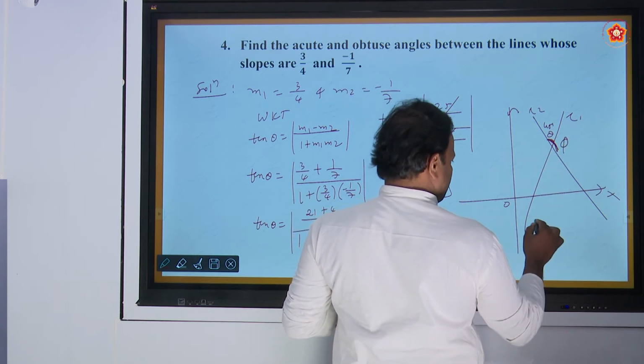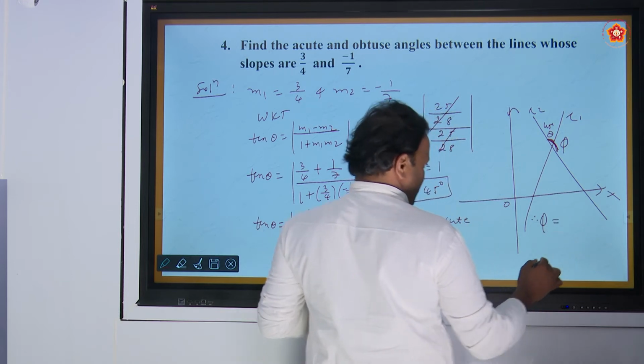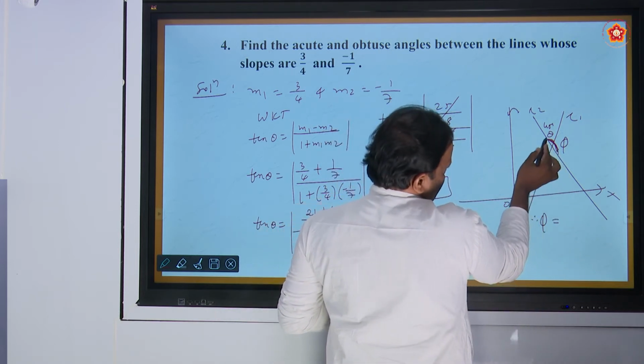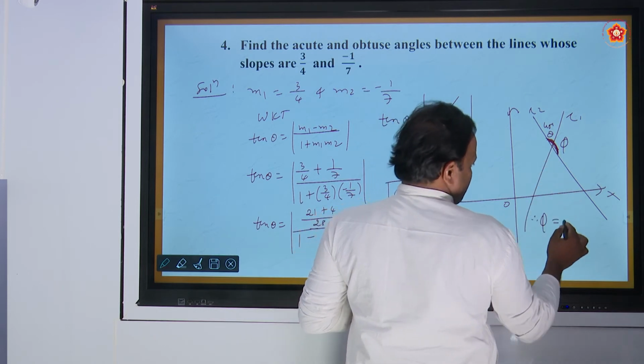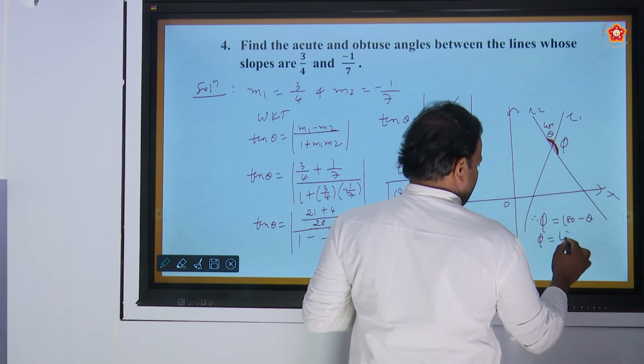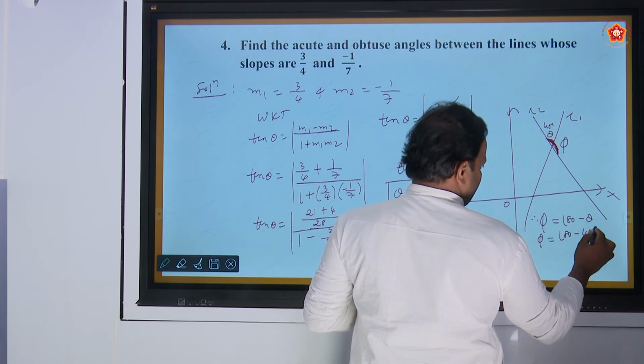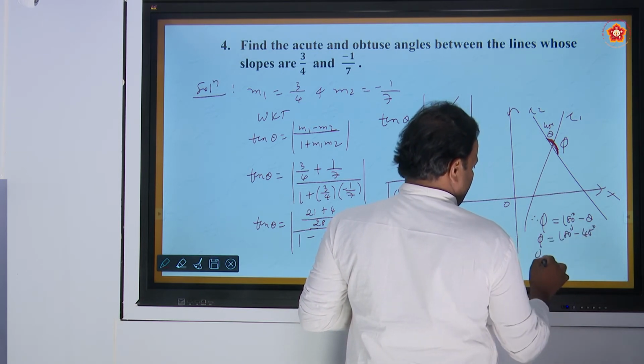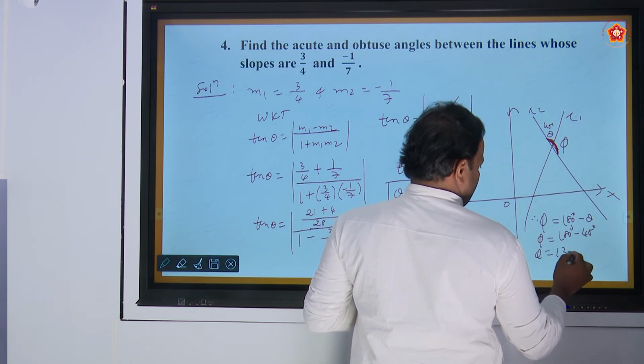Therefore phi is equal to 180 minus theta, so phi equals 180 minus 45 degrees. Phi equals 135 degrees.